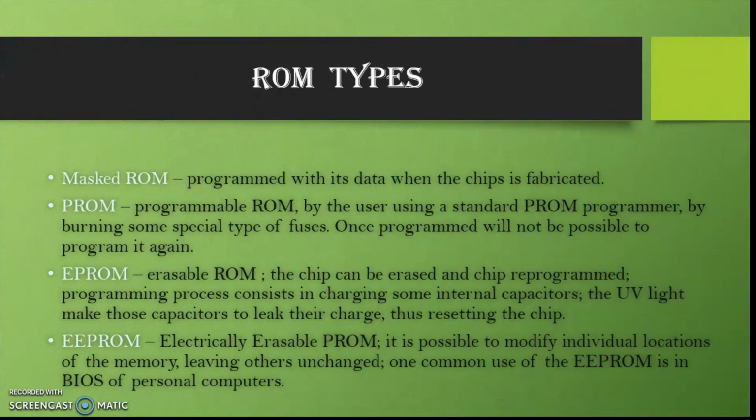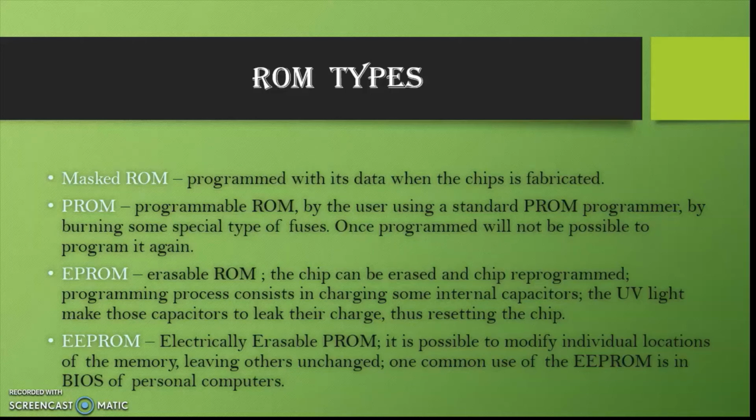ROM types. Mask ROM: programmed with its data when the chip is fabricated. PROM: programmable by the user using a standard PROM programmer by burning some special types of fuses. Once programmed, it will not be possible to program it again. EPROM: erasable PROM. The chip can be erased and reprogrammed. The programming process consists of charging some internal capacitors.